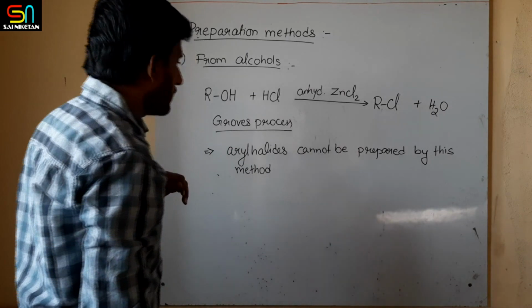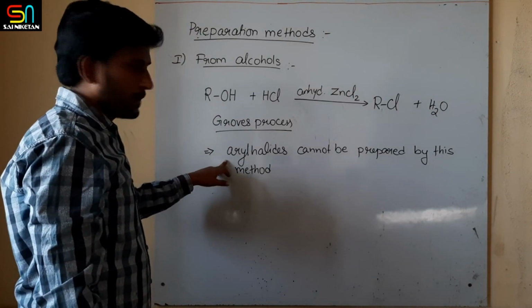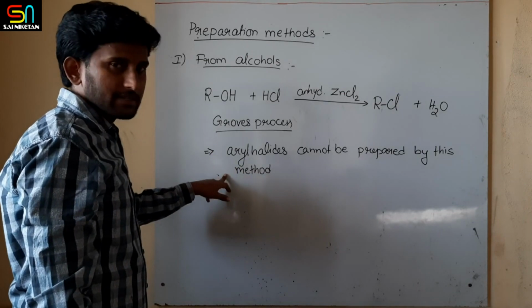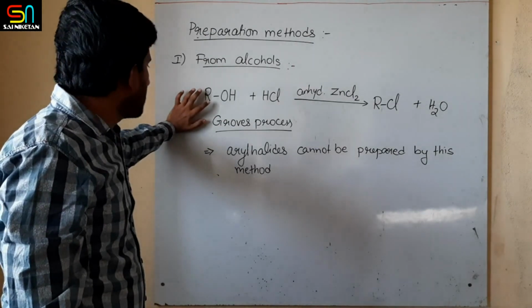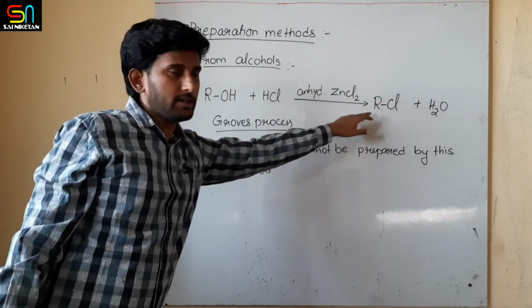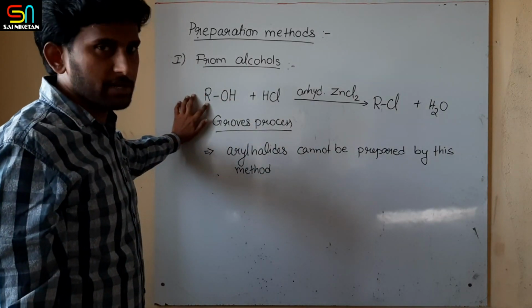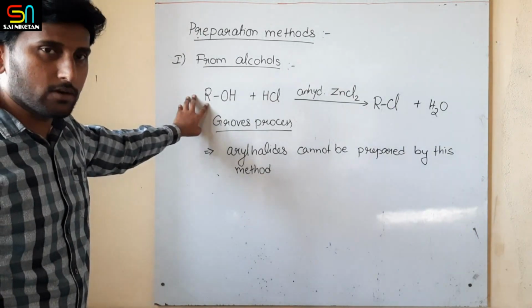Why am I saying that aryl halides cannot be prepared by this method? Because if you want an aryl halide in this method, you have to take an aromatic alcohol, or aryl alcohol.